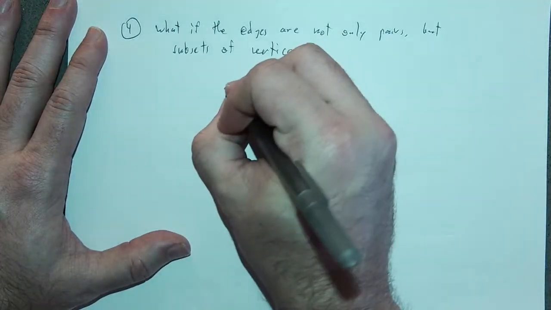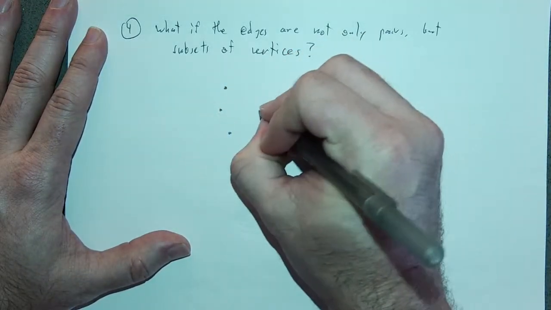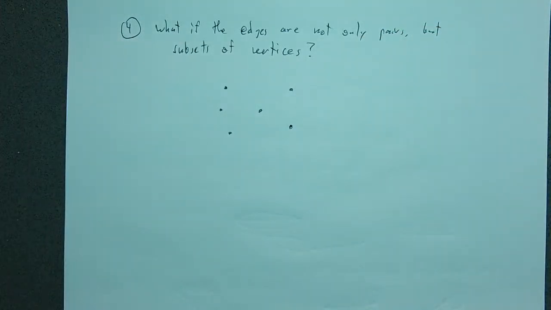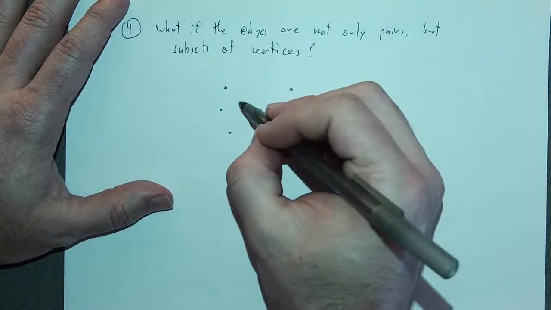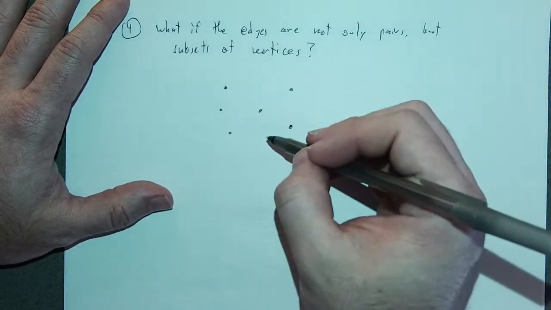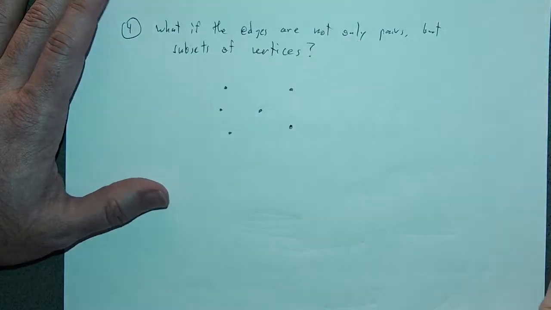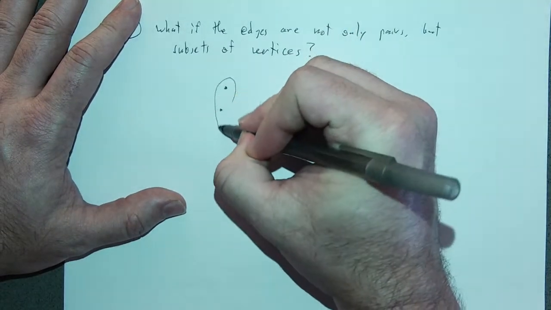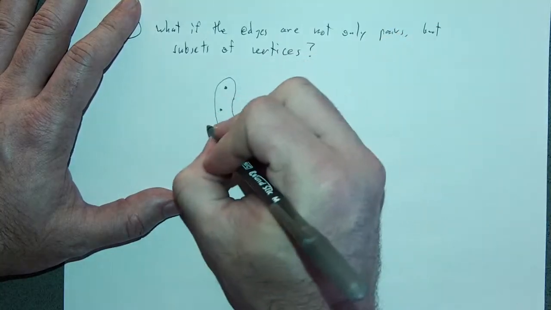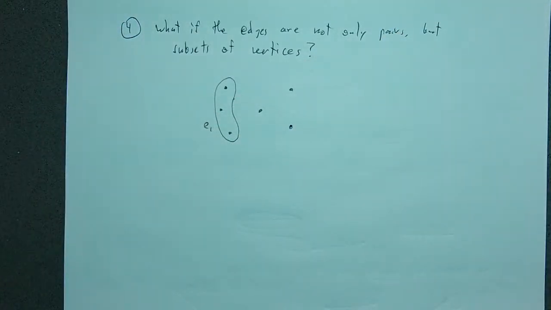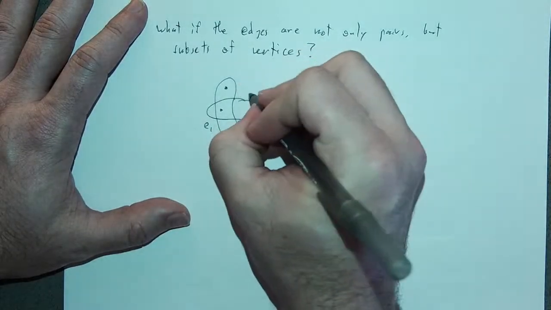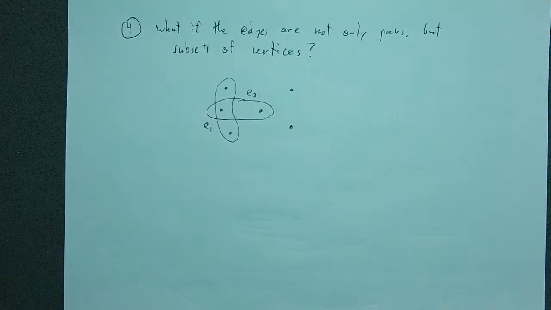Well, the idea is maybe here are your vertices, and now your edges are subsets of vertices, so it doesn't have to just be two. When it's just two, you can draw some kind of curve or line between them. But say maybe your first edge consists of all three of those. You call that edge E1. And maybe another edge consists of these two. That one you could connect with a line, but since you're on this sort of representation, you just keep it like this.